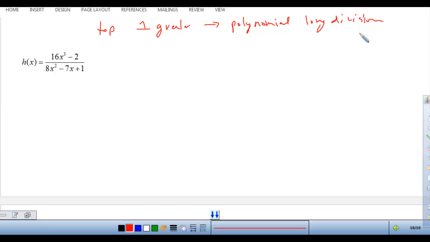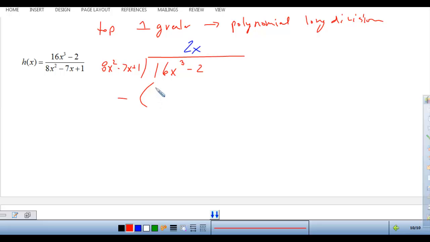Good thing is we're just looking for the equation of a line, so we really don't care about the remainder when we're using polynomial long division. So I'm going to go ahead and set this up. So 8x squared into 16x cubed, that goes into 2x. Then I multiply by each term, and it's just like long division.